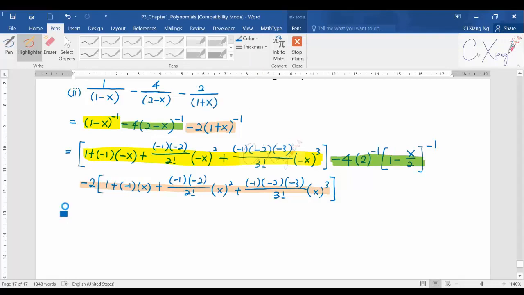Okay, sorry for that. For the yellow color part, you can now press the calculator and try to simplify it already. After you simplify it, if I'm not mistaken, you should get 1.